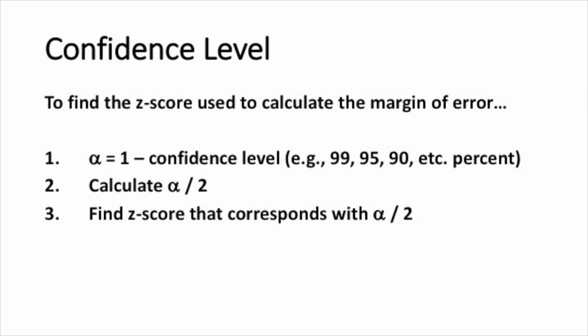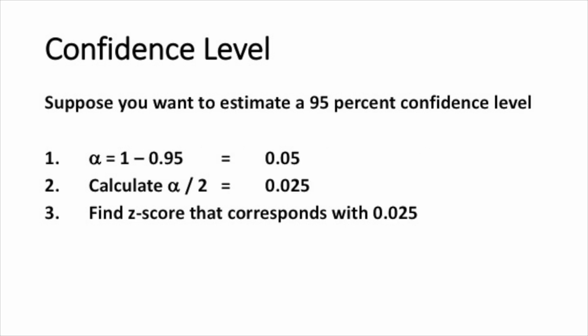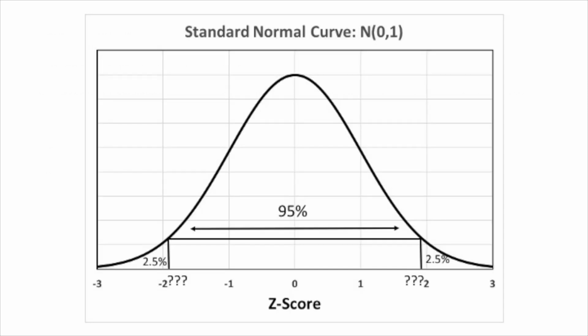Then you find the z-score that corresponds with that alpha divided by 2. So let's say you want to estimate that 95% confidence level. Your alpha is 0.05. Alpha divided by 2 is 0.025. And then again, you find the z-score that corresponds with 2.5% of the distribution. Here's a standard normal distribution.